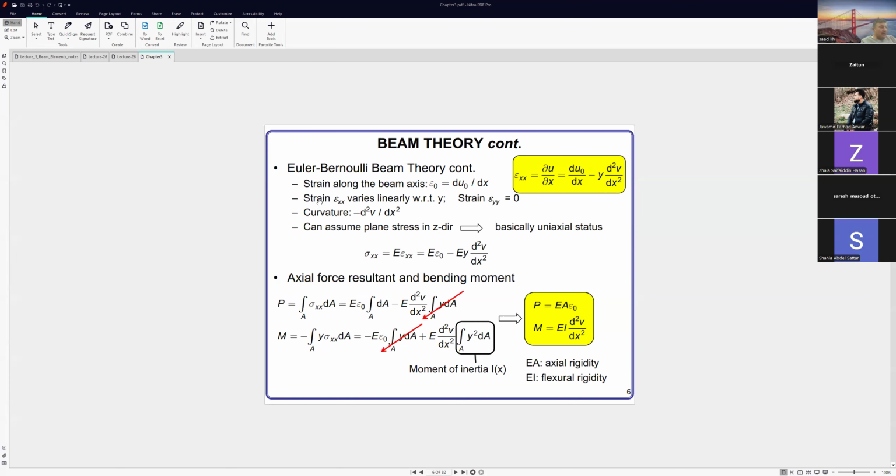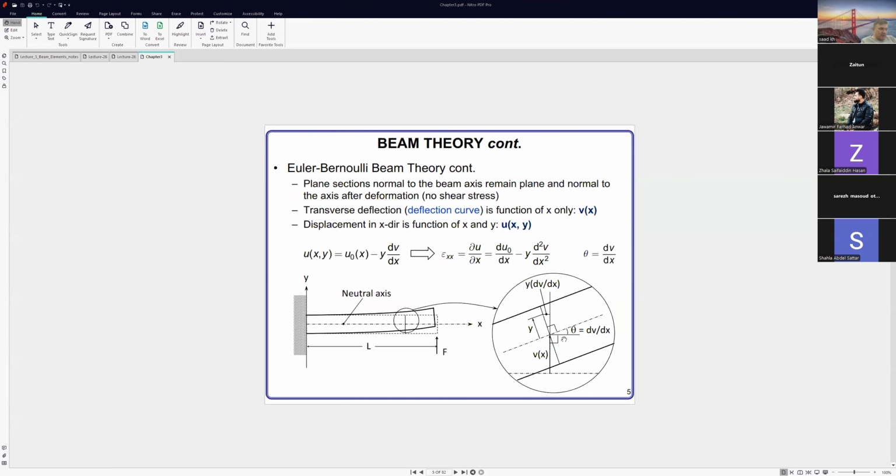So the strain xx varies linearly with respect to y, and we have the strain yy equal to 0. What does minus d squared v over dx squared mean?